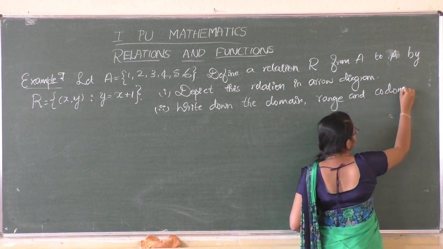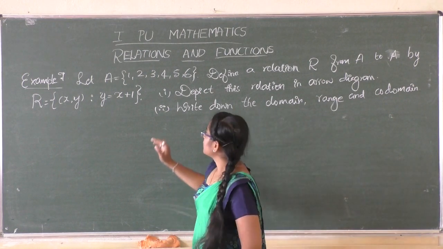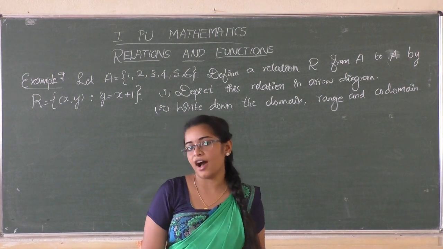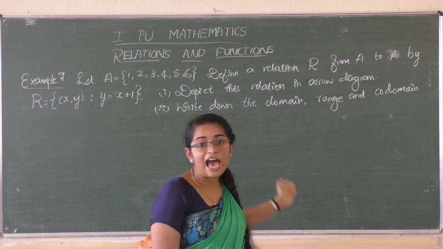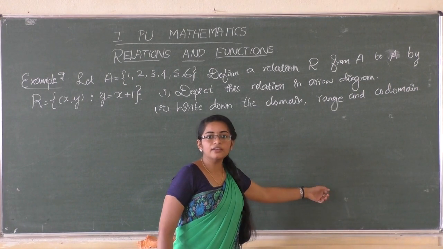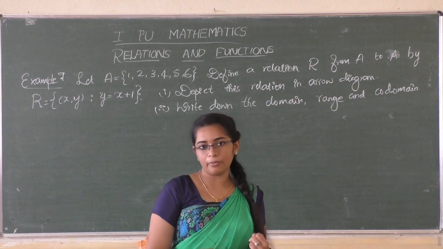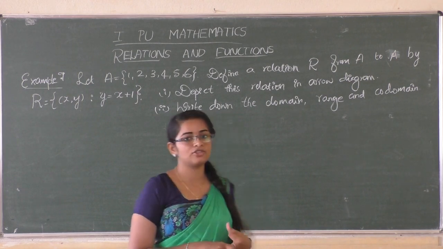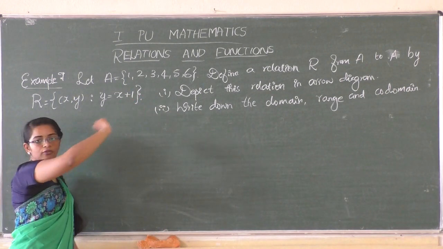Okay, what you need to do is, first of all, see here the relation is given, you have to write the set R, and then you should depict that relation using an arrow diagram, as shown in the previous example. Then you need to find the domain, the range and the codomain of the relation. Now it is given that the set A is equal to 1 2 3 4 5 6.